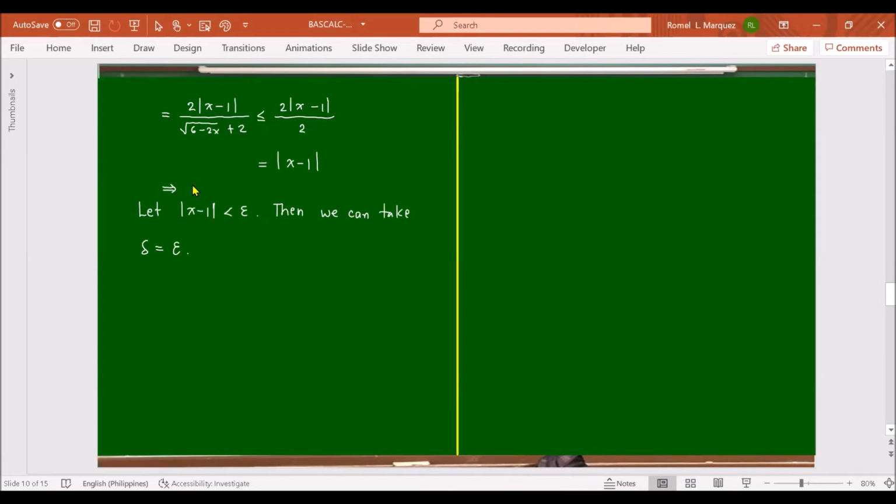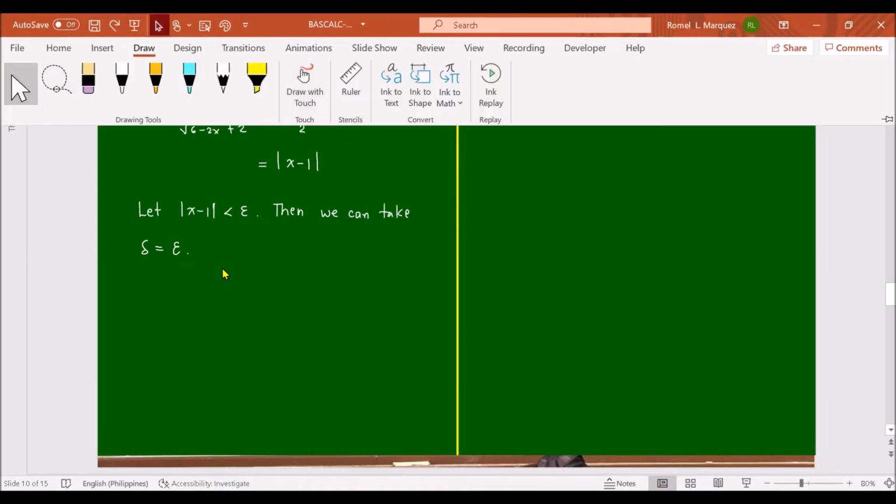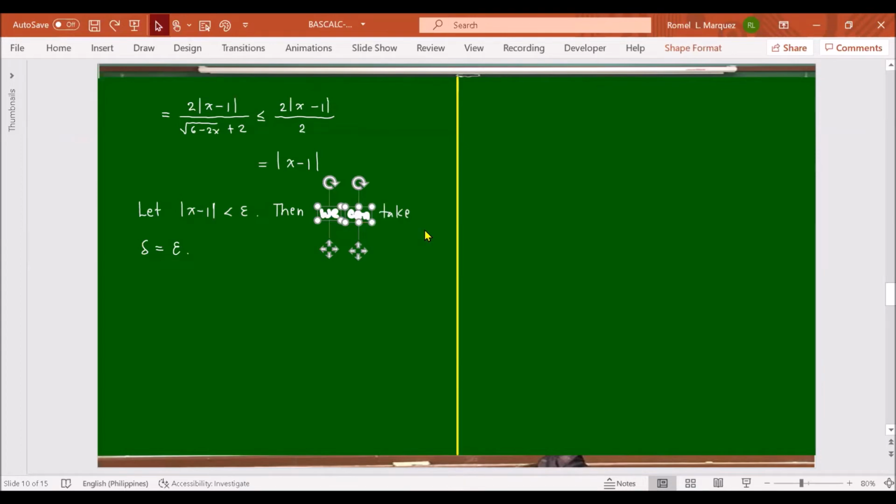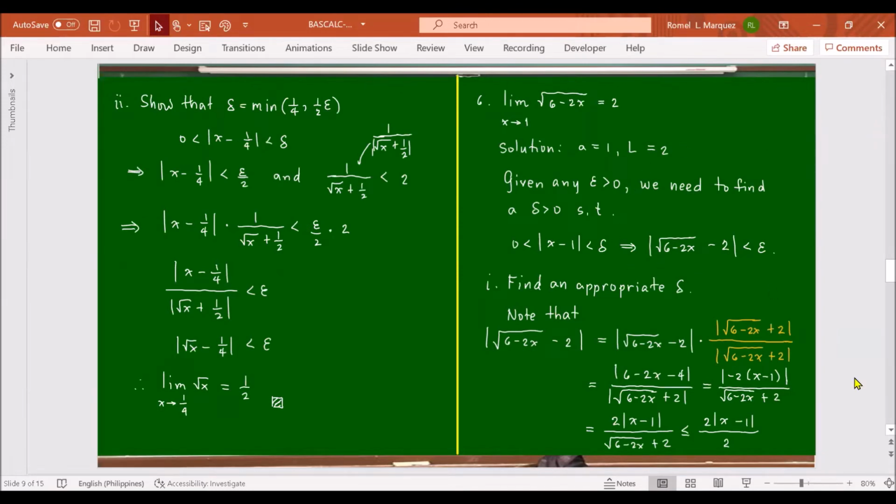So again, this implies that, let me check this, for you to understand well. Then we now have absolute value of square root of 6 minus 2x minus, sorry, minus 2. Is that minus 2? Minus 2, right?